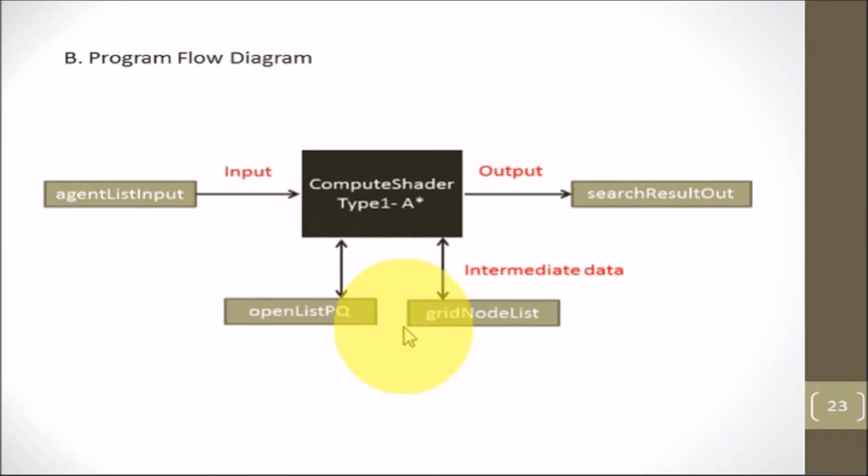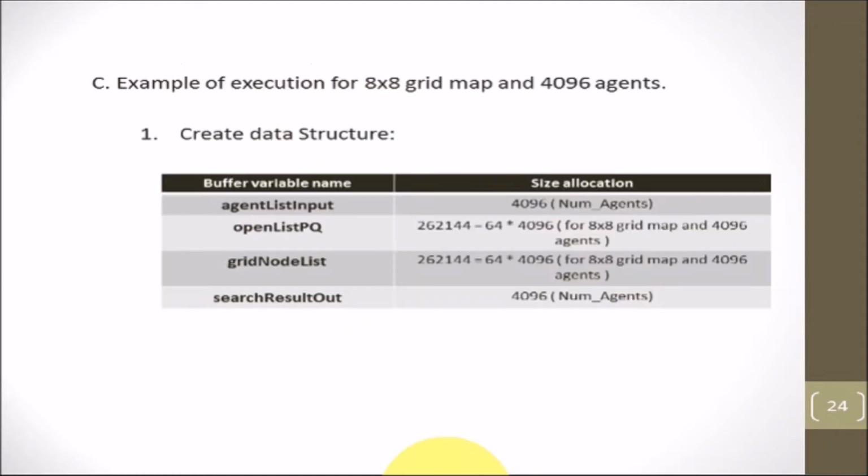Then the open list queue and grid node list are intermediate data structures used by the algorithm, and finally the output is given to search result out, which will be read by the CPU to get the final path.